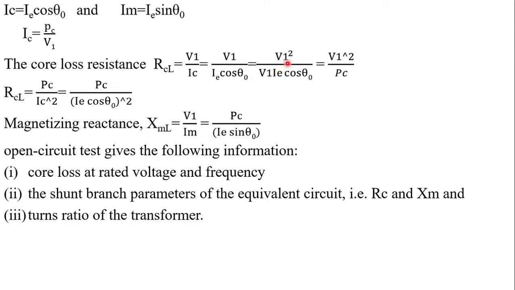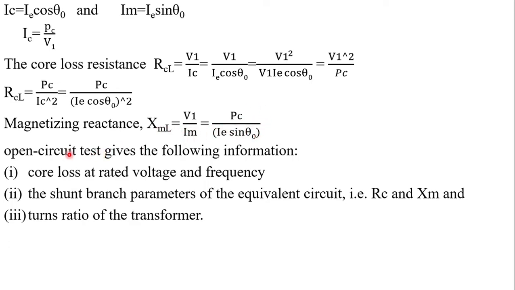When we multiply by V1 over V1, this implies V1 squared over PC, and the core loss resistance equals PC over IC squared. Then the magnetizing reactance XM is equal to V1 over IM, and substituting the value of IM gives this result.